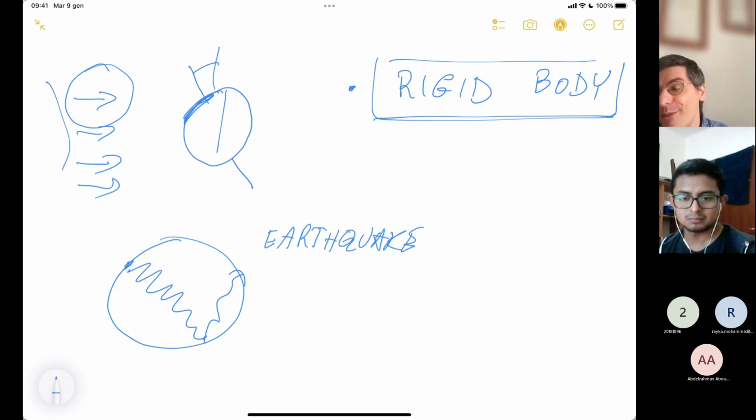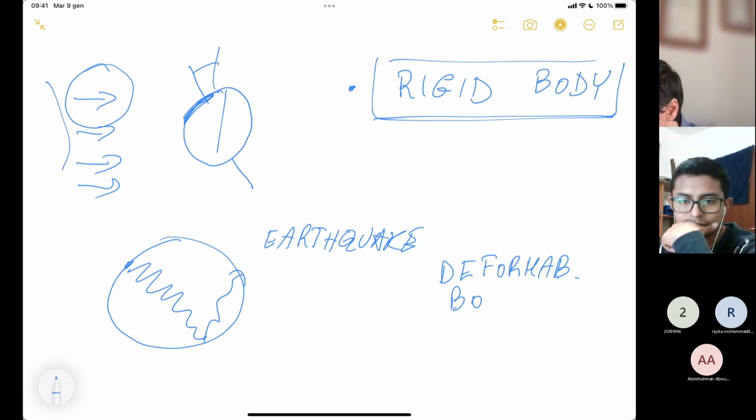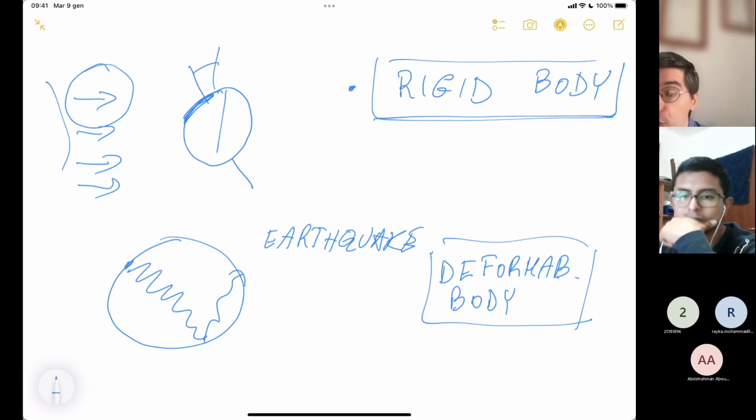So, of course, if you consider the model of a rigid body, you are not able to describe this kind of phenomenon. If you want to study this kind of phenomenon on the scale of the Earth, you have to consider a deformable body to describe the motion of the Earth.